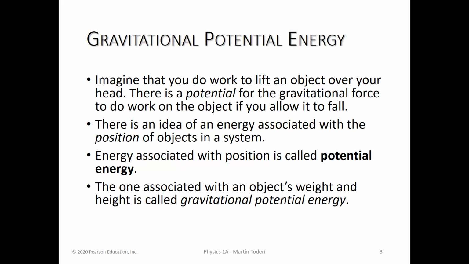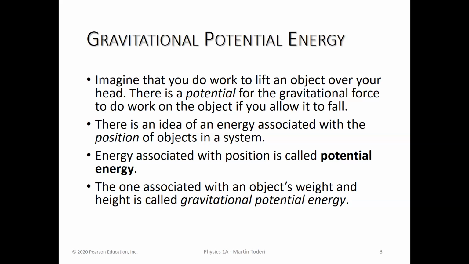So remember, energy, we can think about it as the capacity of doing work, while the force is the actual action, the interaction between in this case the object and ourselves. So there is a potential for the gravitational force to do work on an object if I just allow it to fall, because it's submerged in the gravitational field.